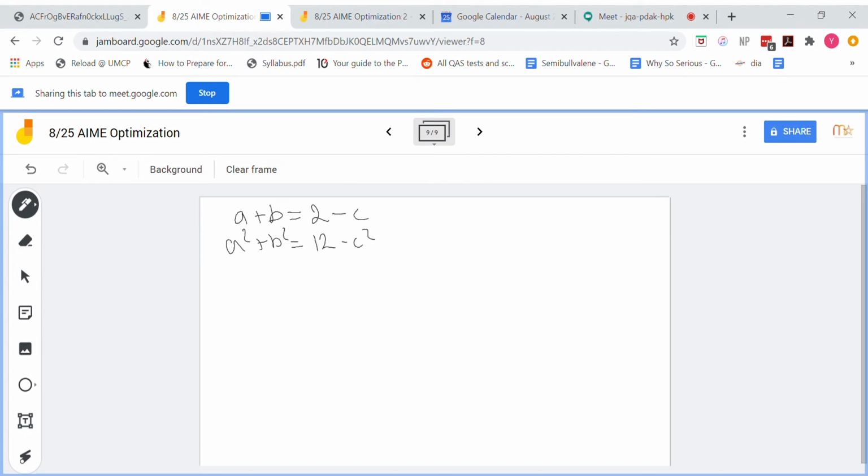Now, from the previous example, we can apply Cauchy-Schwarz directly to a and b. So we have (1 squared plus 1 squared) times (a squared plus b squared) must be at most (a plus b) squared. This is true directly from Cauchy-Schwarz.